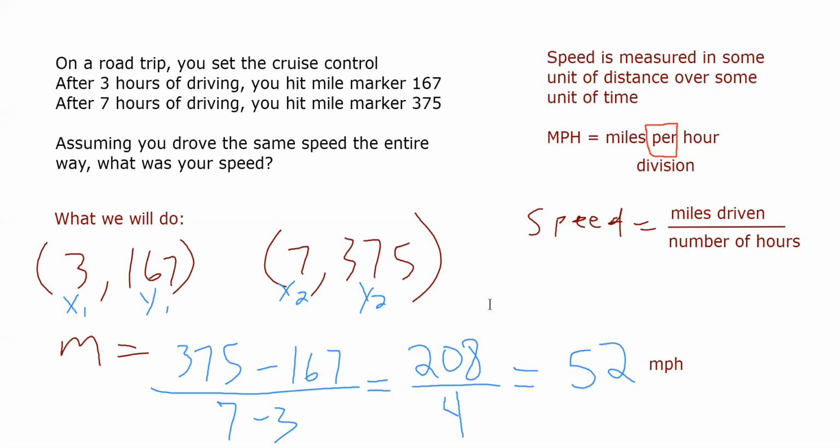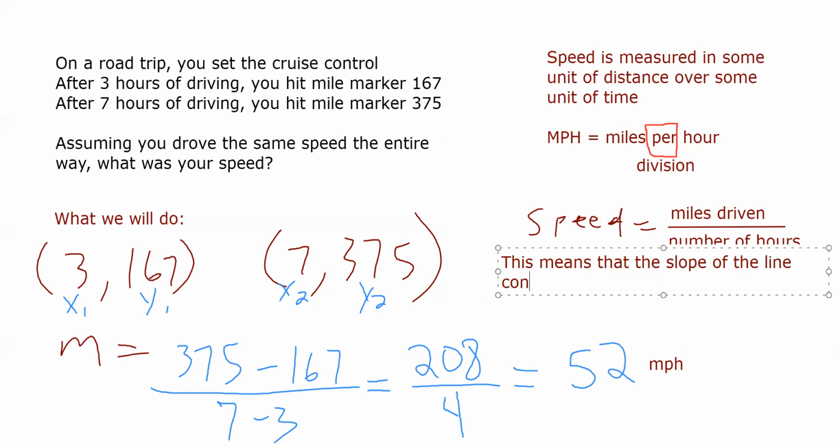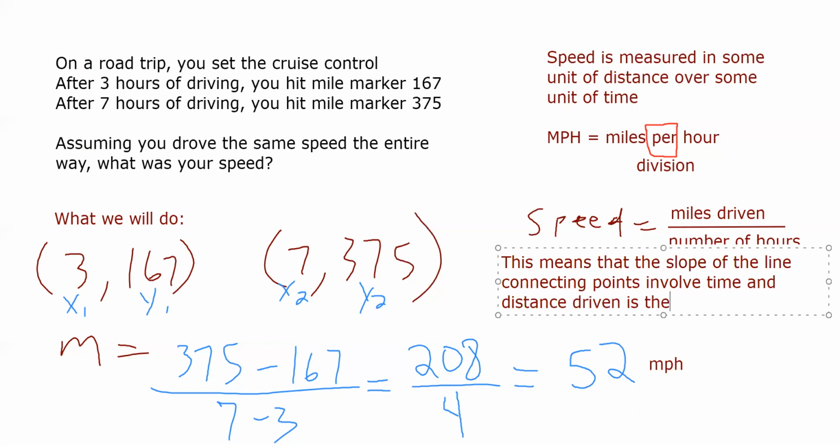But this actually has some rather far-reaching implications. This means that the slope of the line connecting points that involve time and distance driven is the speed.